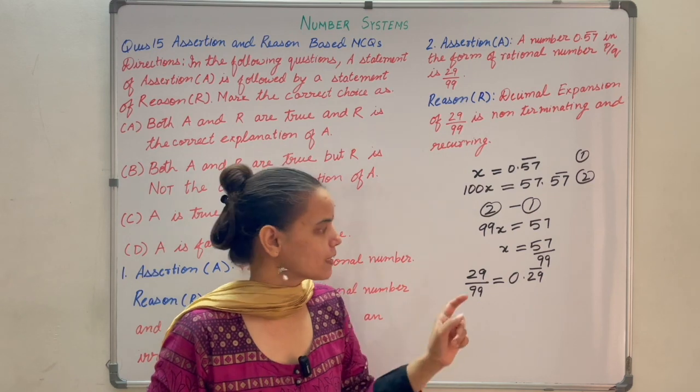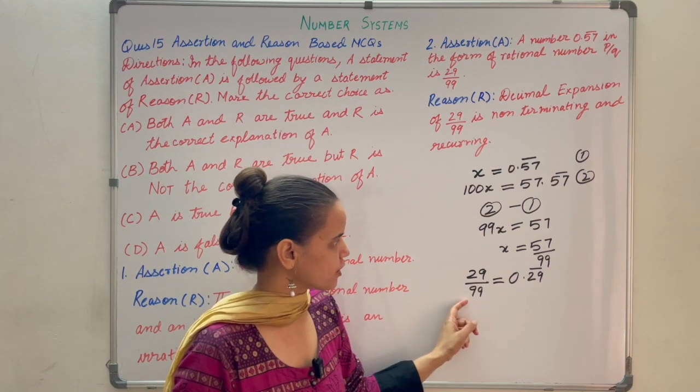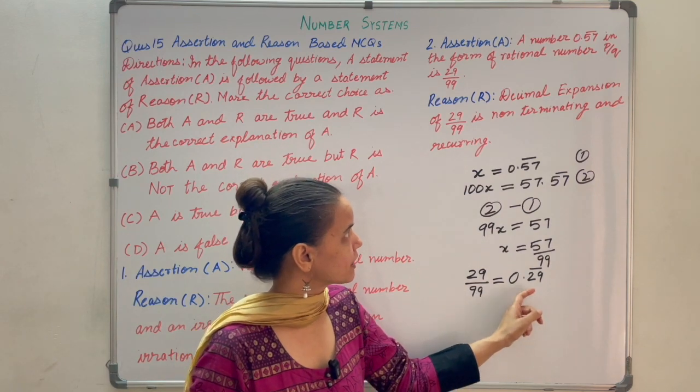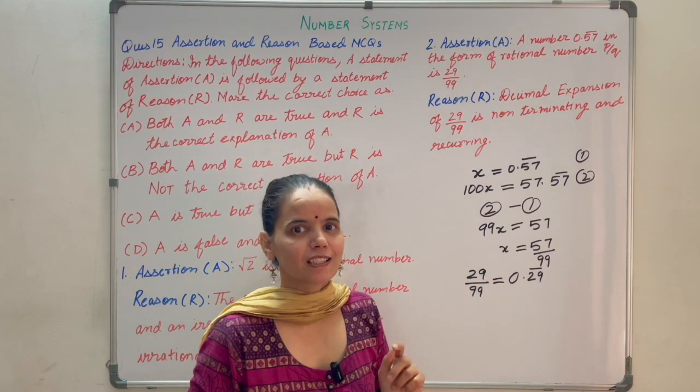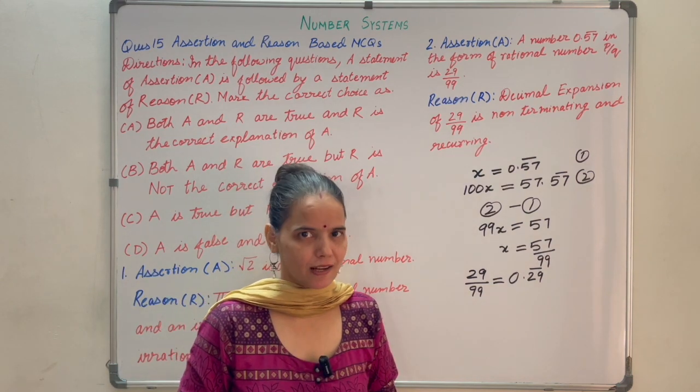true. This is one way to find out whether the decimal expansion of a rational number is non-terminating and recurring or not. There is one more method where you have to just see the denominator of the rational number.